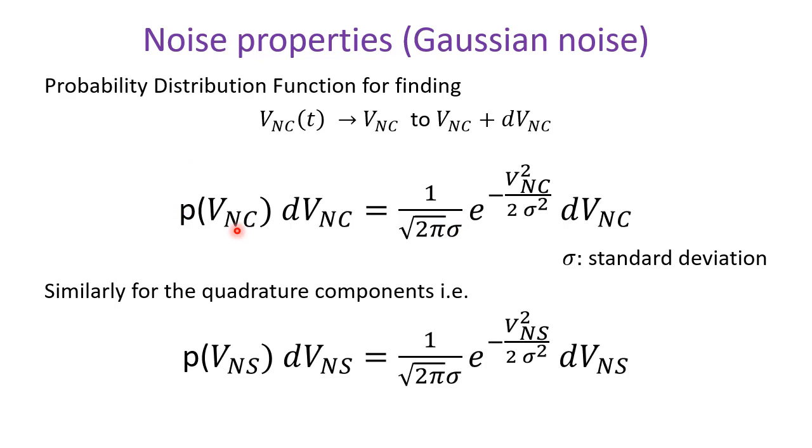Similarly, we also have a similar yet independent distribution of VNS. That is the in-phase noise and the quadrature noise. Both are Gaussian about zero, being their central value, which is the peak value, and the distributions fall off on either side in an exponential way.